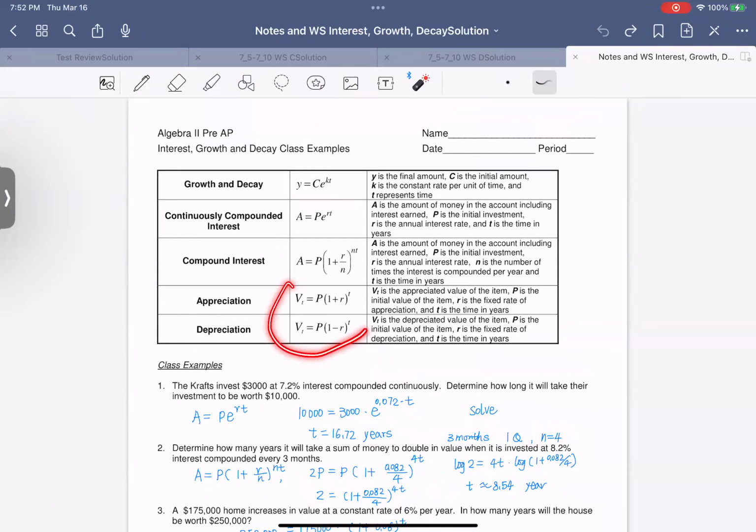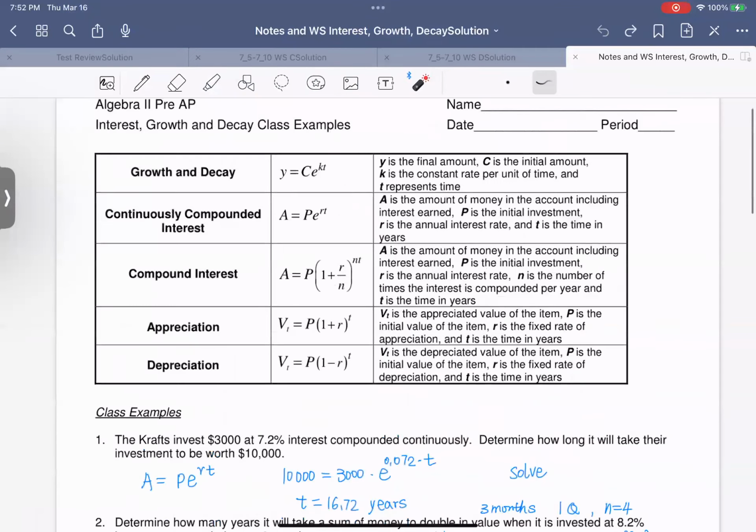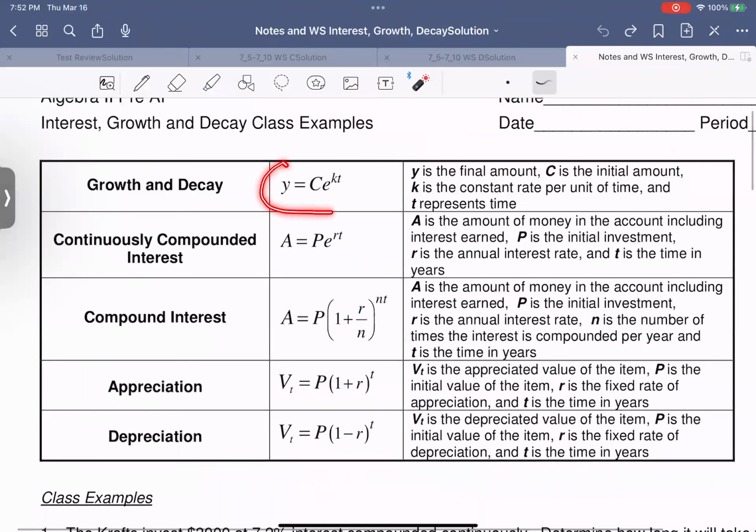So this is a part we want to go deep. Just remember, this is for things like virus or bacterial growth, or sometimes some elements decaying.